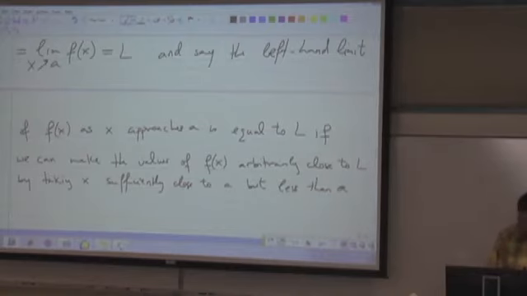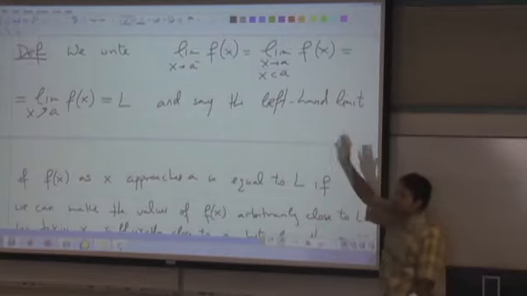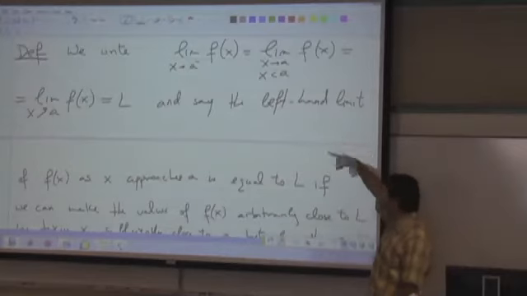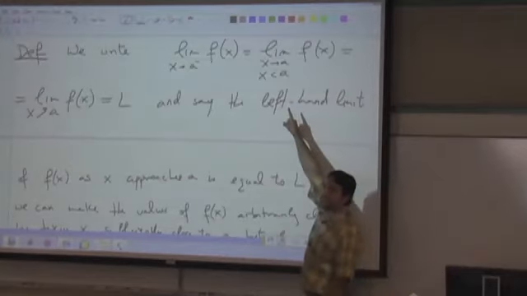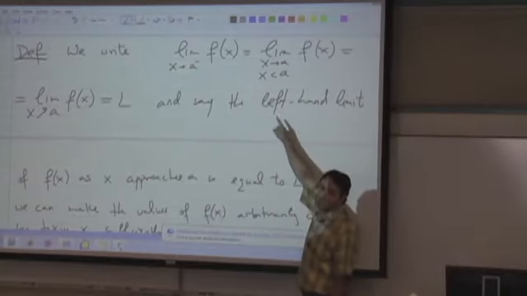Which is exactly why I like to write all these alternate definitions, just to see exactly, right? I just said x gets arbitrarily close to a, but it's less than a. Well, that's exactly what the second definition says, right? x goes to a, but it's less than a.